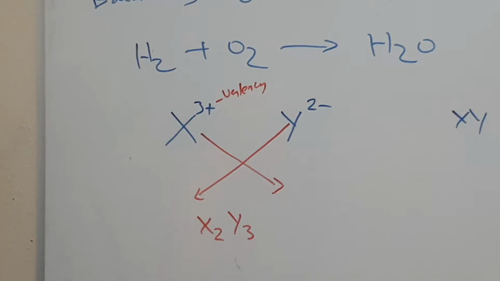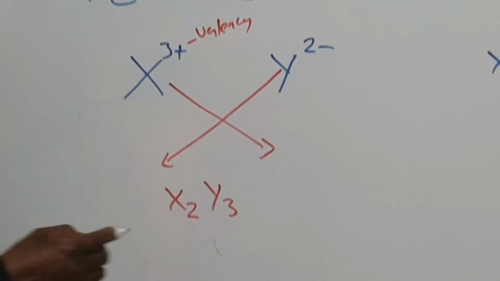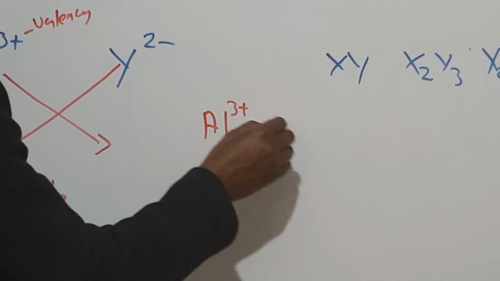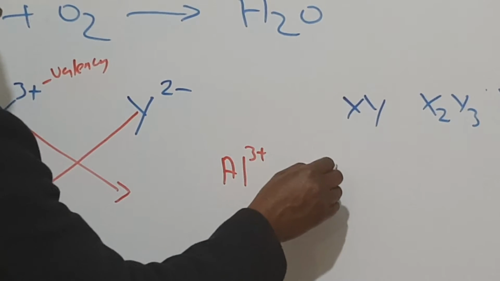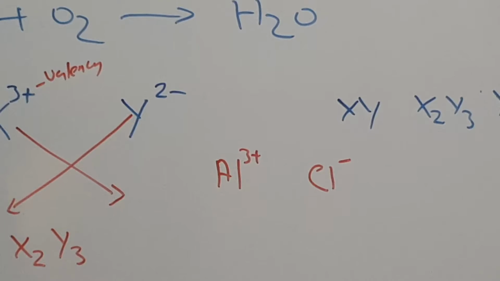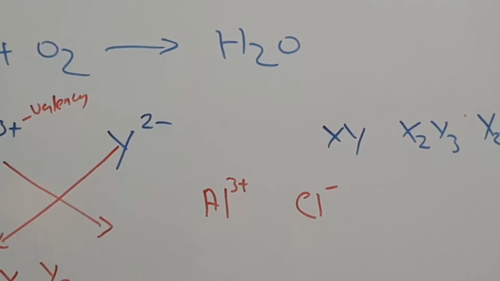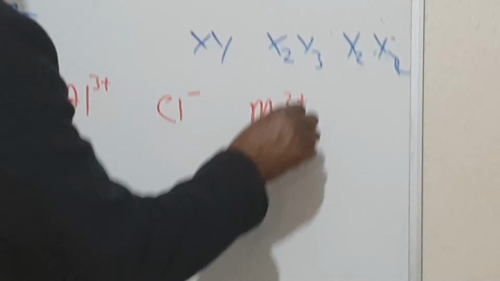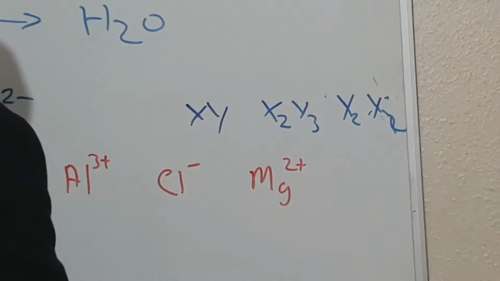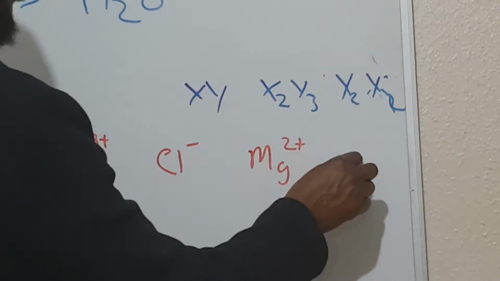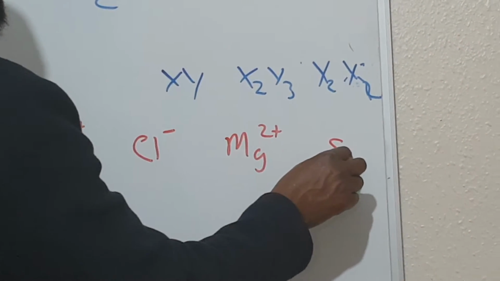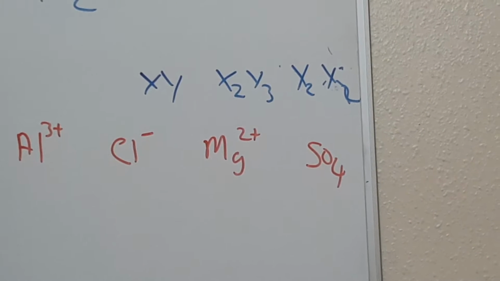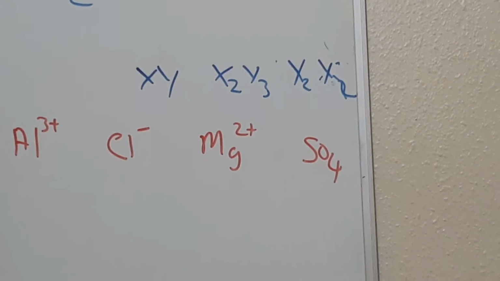Okay? X2Y3. Example, aluminium 3 plus and chlorine 1 minus. And another one is magnesium 2 plus and nitrate. Sulfate is 2 minus.